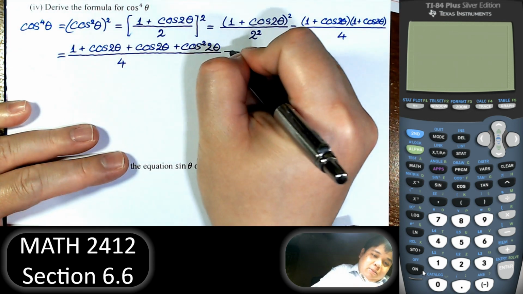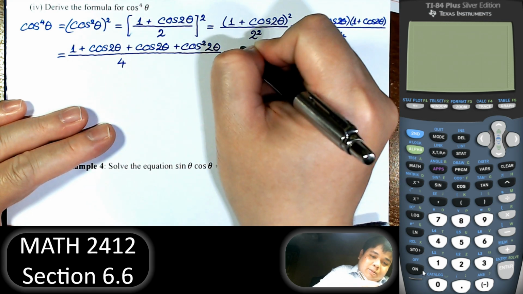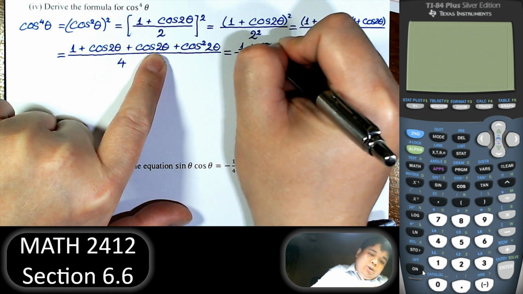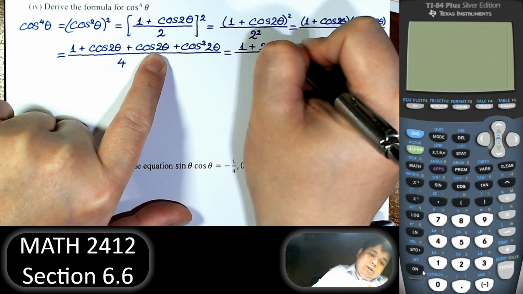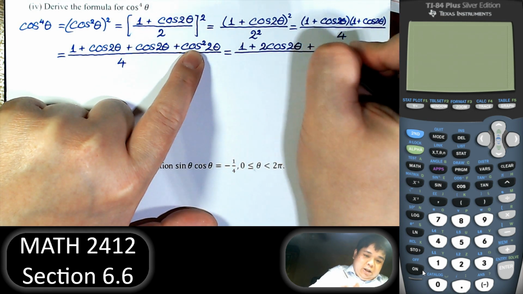Let's combine them. Cosine 2 theta, cosine 2 theta, make that 2, and then cosine square.